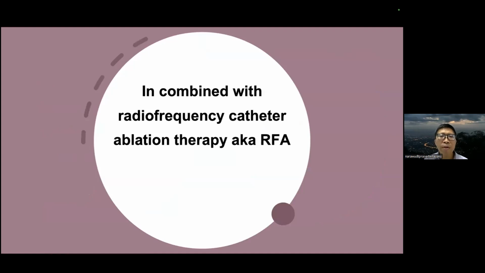We can combine radio frequency catheter ablation, also known as RFA, or similar technology in this treatment and testing.